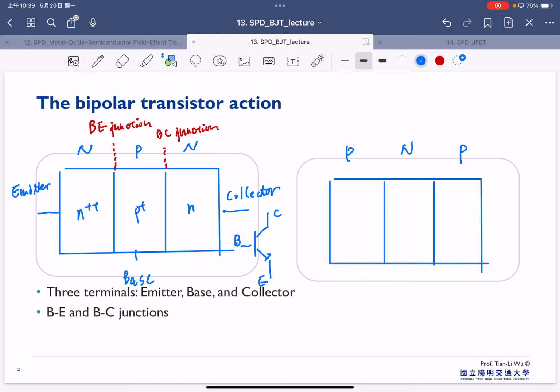In the case of a PNP, we have the emitter still the same, we have the collector, and we have the base. Here we consider this as P++, N, P+. And then for the circuit symbol, we have the base, collector, and emitter here.